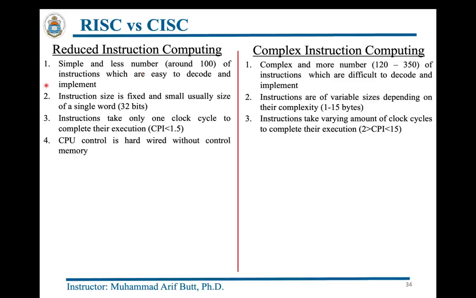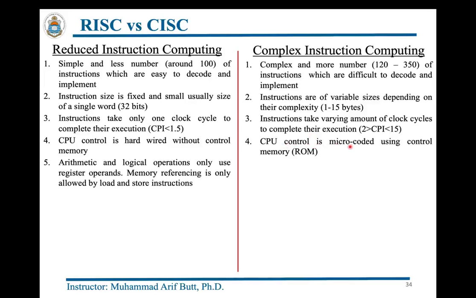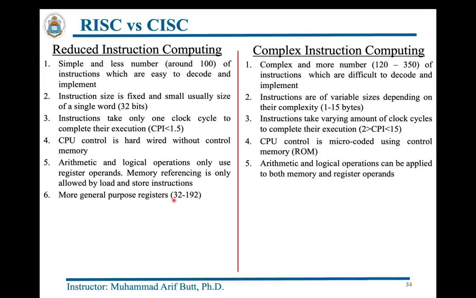In case of RISC, the CPU control is hardwired without control memory, while in case of CISC, the CPU control is micro-coded. The arithmetic and logic operation in case of RISC use only the register operands, as we have already seen. And in case of CISC, arithmetic and logic operation can be applied to both memory and register operands. In RISC, we have more number of general purpose registers, while we have less number of general purpose registers in CISC.